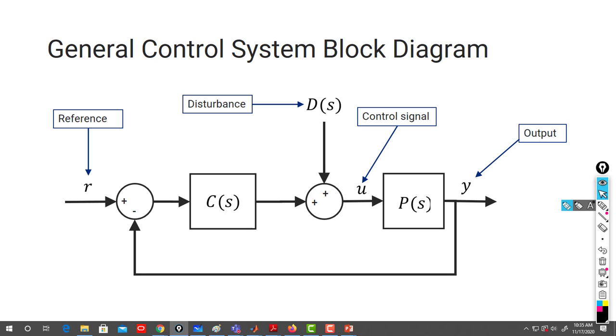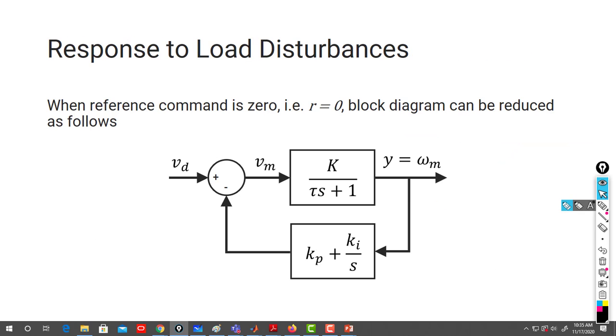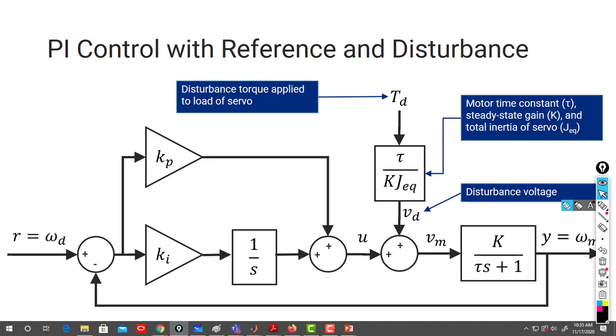PI control design. Interesting. Here they do PI control design with reference and disturbance. Basically you have the reference, but they add a disturbance to the system, a disturbance torque applied to the load of the servo.